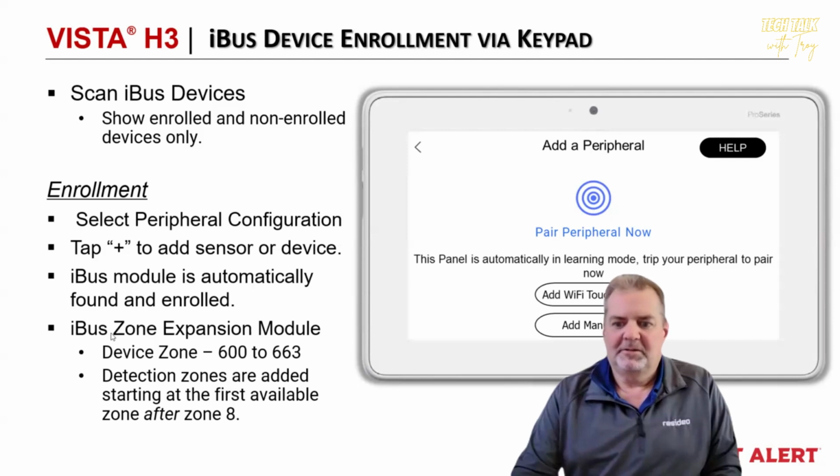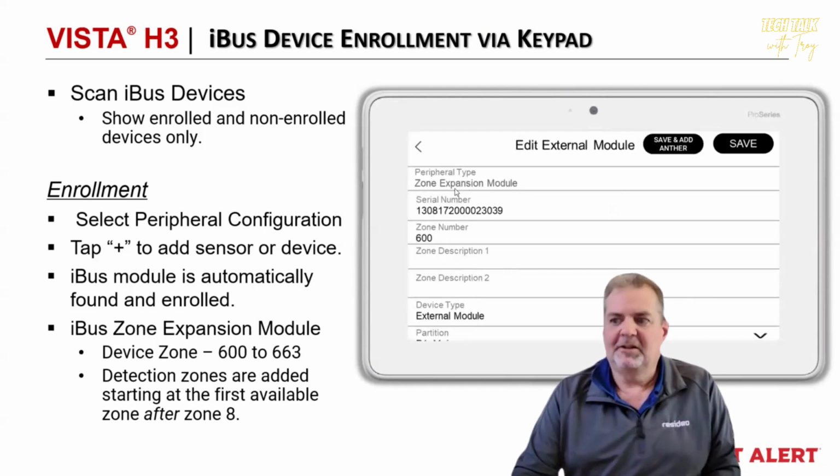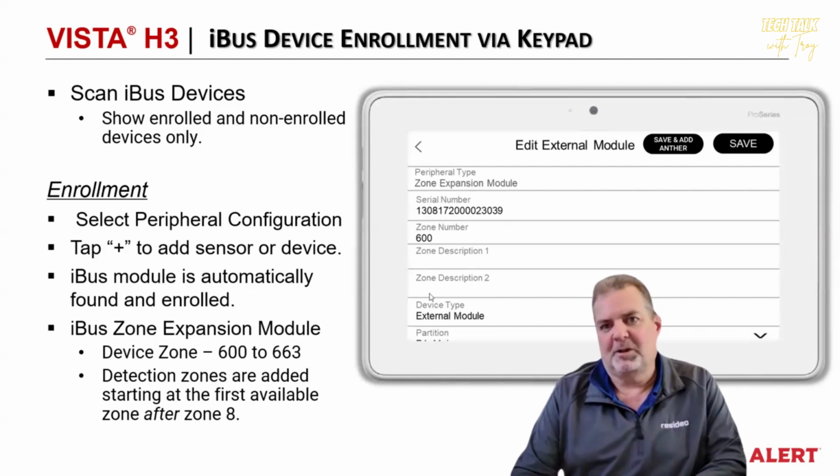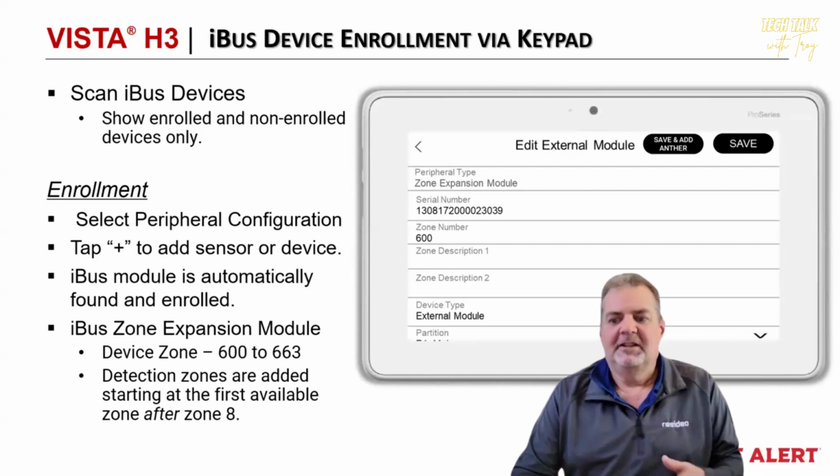Once it's in pairing mode, it goes out, scans, and automatically finds the first iBus device, and enrolls it into the system. Here we enrolled a zone expander. It shows the serial number of the expander and the zone number that it assigned it to for supervision. And the first zone on that module will be automatically added at the first available zone after zone 8.